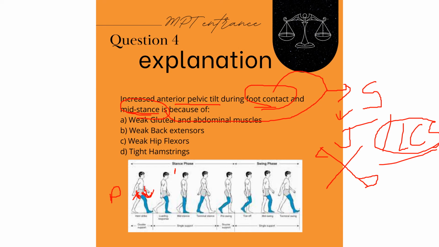And if the anterior abdominals, the rectus abdominis, are not able to control the pelvis, they are not able to hold the pelvis anteriorly, so the pelvis is going to drop anteriorly, which is again defined as an anterior pelvic tilt. So the correct answer would be option A.